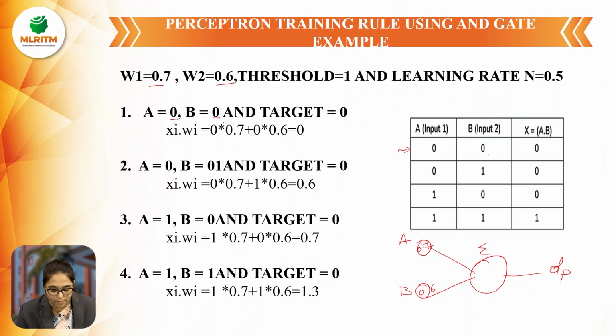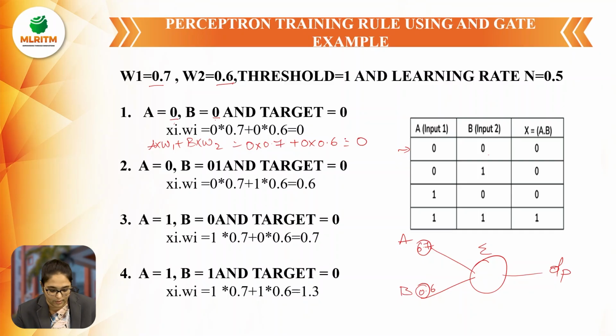So the A value is 0 and the B value is 0. Now we'll perform the activation function, that is A into W1 plus B into W2. So 0 into 0.7 plus 0 into 0.6. Totally it is 0.